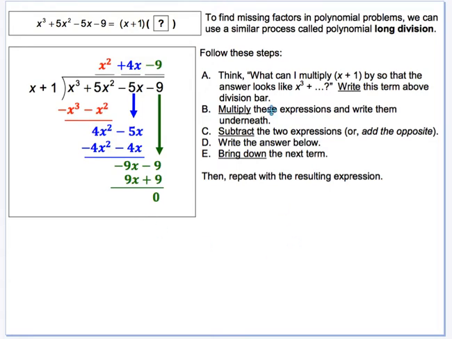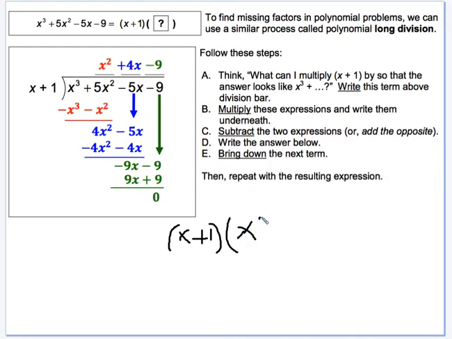Okay, so now when I say, if you factor out an x plus 1, what's left? Well, what's left is x squared plus 4x minus 9. And so we can say that the factors of that equation are x plus 1 times x squared plus 4x minus 9.